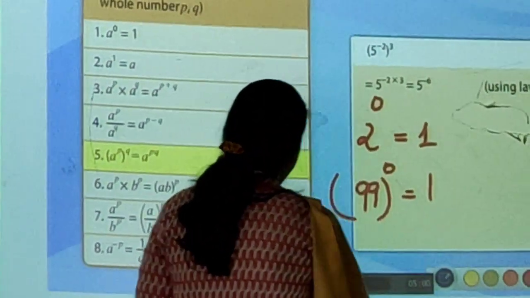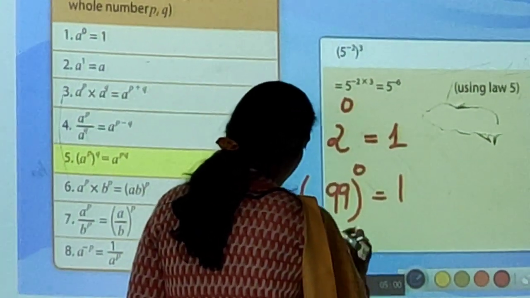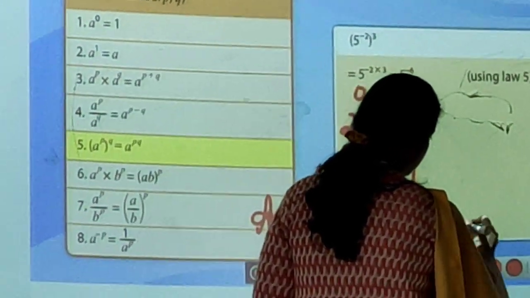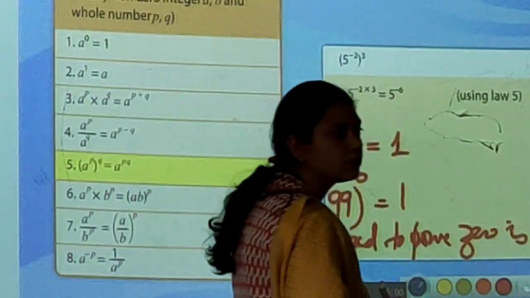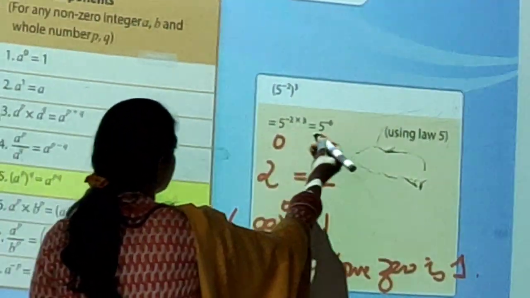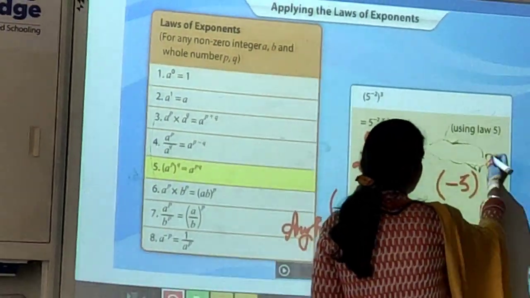It means that anything raised to power 0 is 1. Any problem to anyone? No, ma'am. We should also take minus 5. Minus 5 raised to power 3.